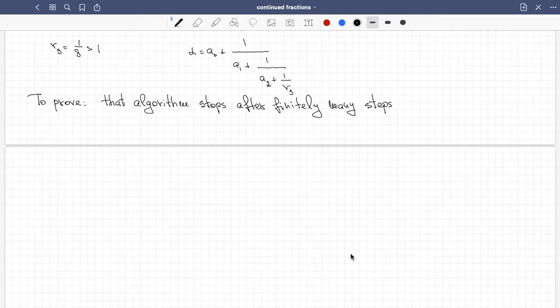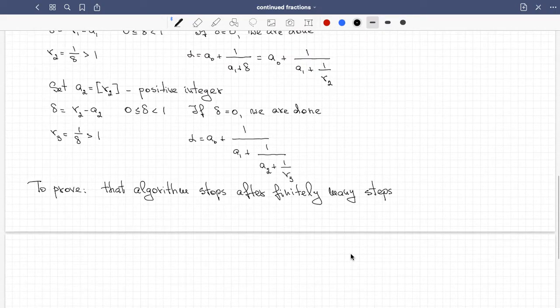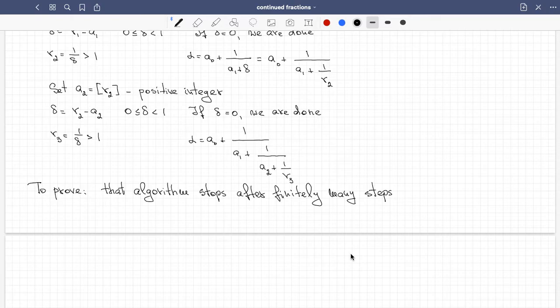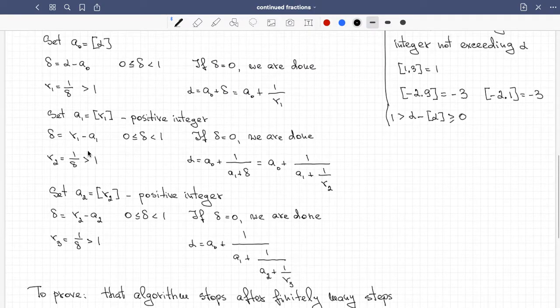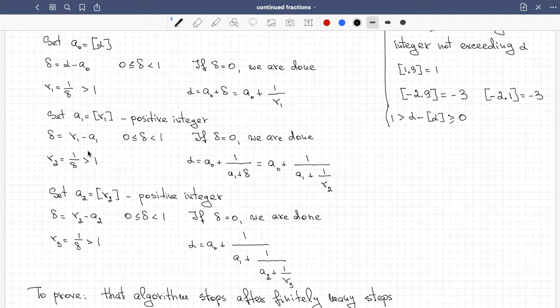So, by construction, at every step, our remainder is a positive rational number. It's rational every time because we deal with nothing but integers, so delta is the difference between the previous remainder, which was a positive rational number, and its integral part, an integer.